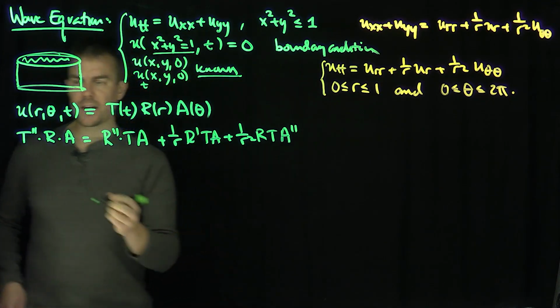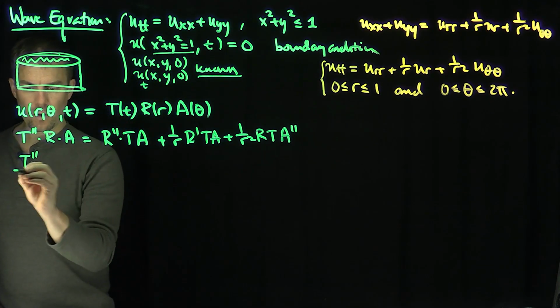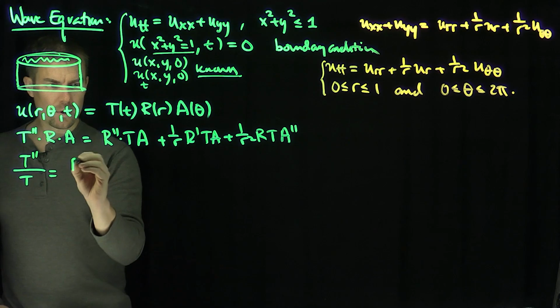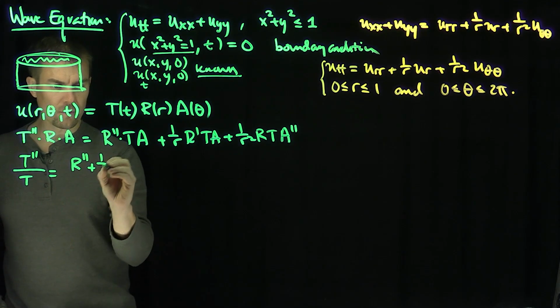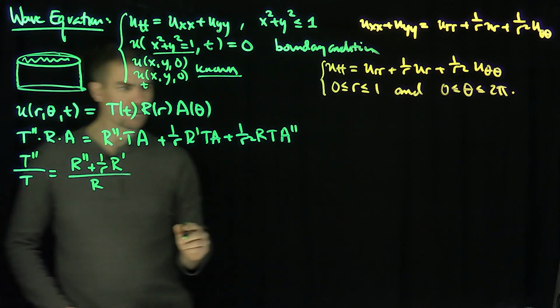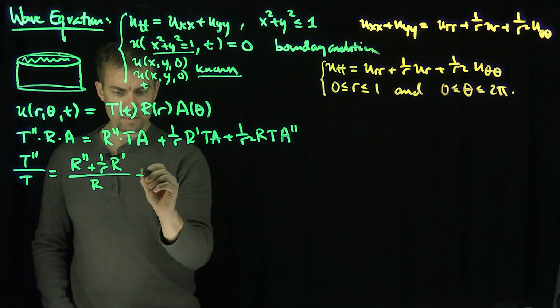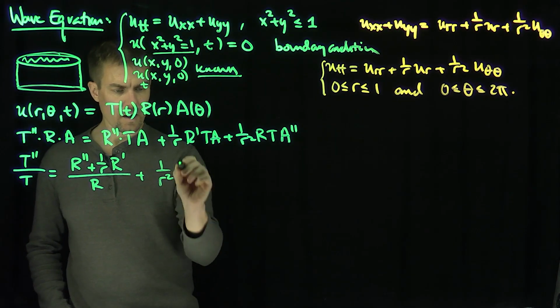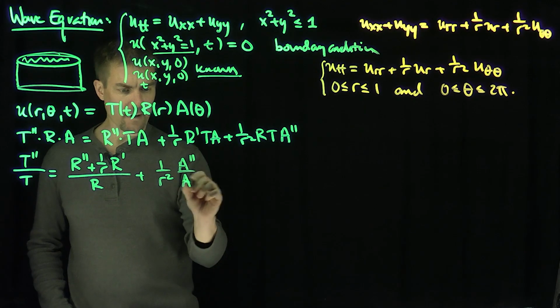I divide by R, A, and T. We have T''/T equals R''/R plus 1 over r R'/R plus 1 over r squared A''/A.